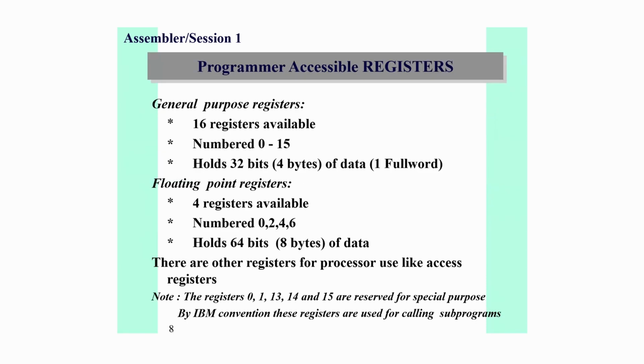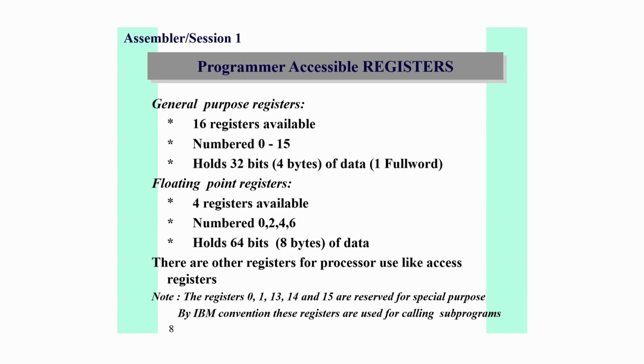What are the programmer accessible registers? That means there are other registers which are not accessible to the programmers. There are two types of registers. One is the general purpose register. So how many general purpose registers are available? 16 registers are available, and they are numbered from 0 to 15. It is not from 1 to 16.